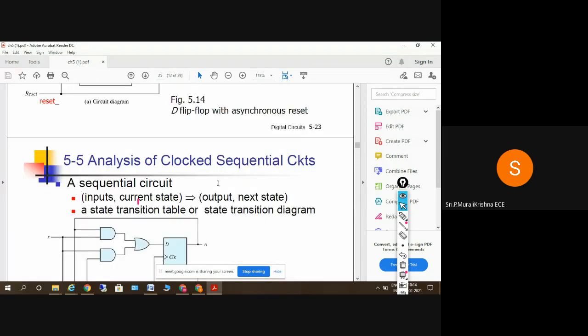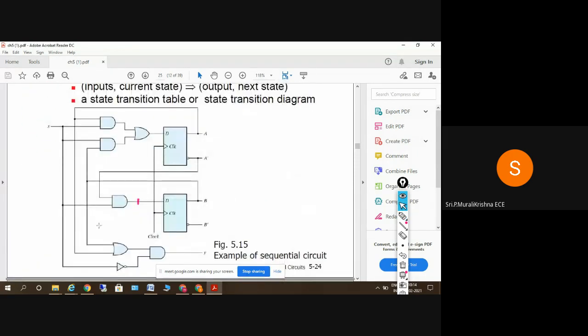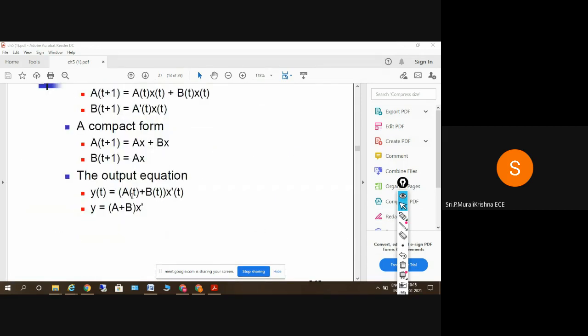We are getting this value from B plus A. This is a multiplication, since one gate is multiplication, so it is nothing but A plus B into X bar. So we got these three equations. Any doubts in this?